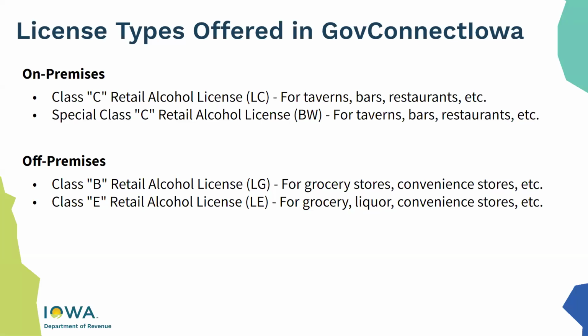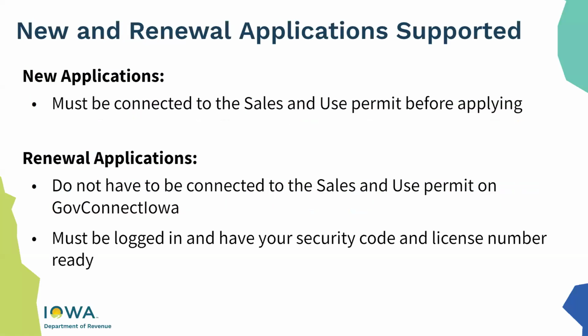That Class C is for our liquor, beer, and wine for on-premise consumption for taverns, bars, and restaurants as well. The 2 off-premise licenses for off-premise consumption that we currently offer are the Class B retail alcohol license and the Class E retail alcohol license, and those will be for your grocery and convenience stores.